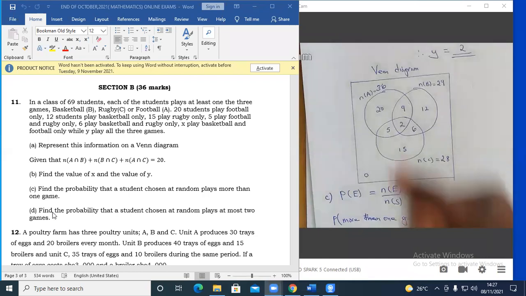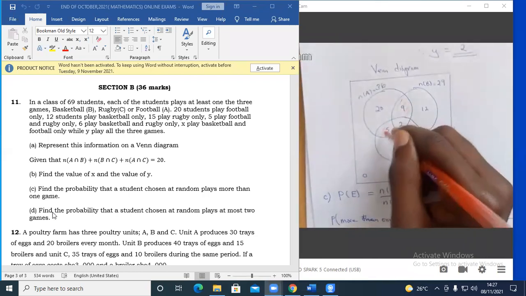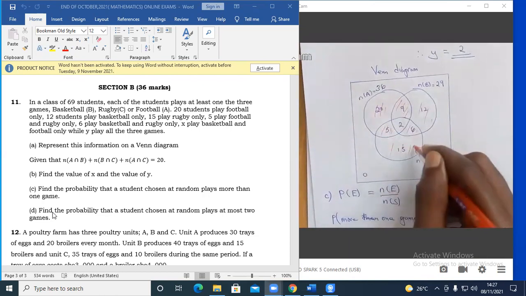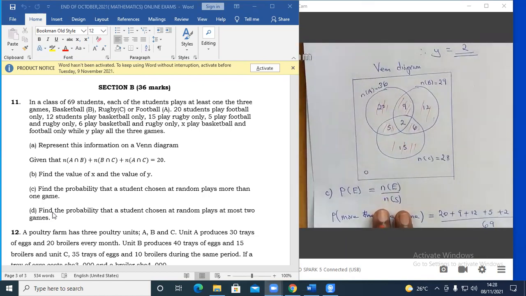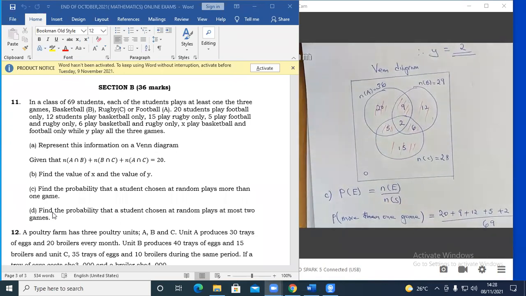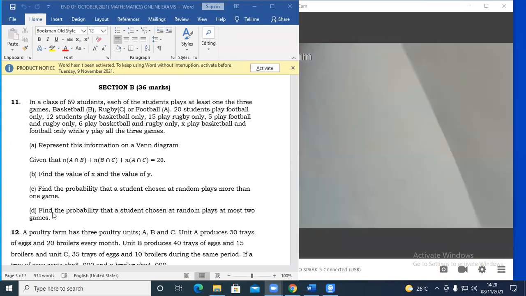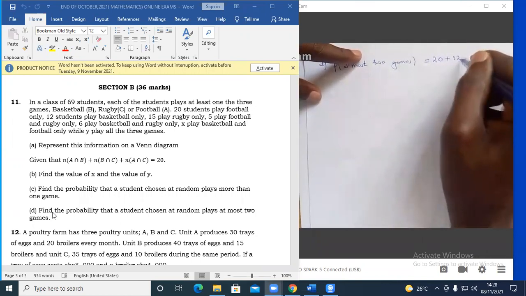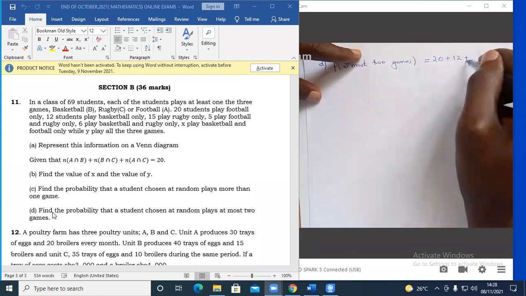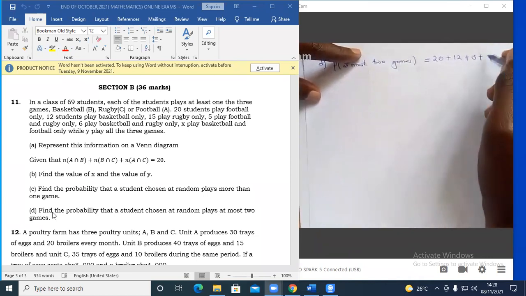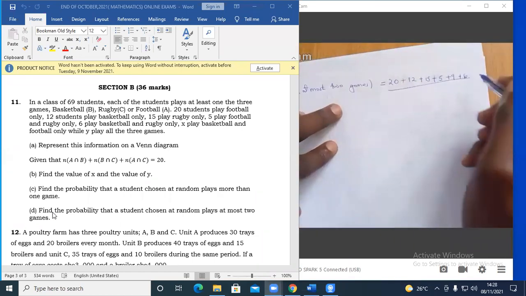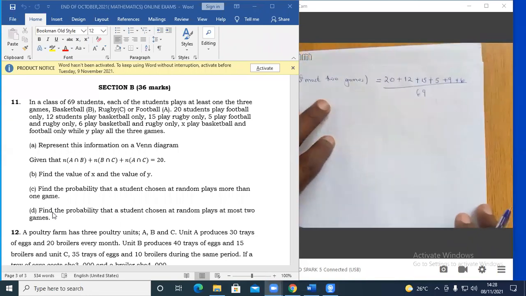So which one are we going to add? We are adding this section here, where you are seeing my red pen. So we shall have 20 plus 12 plus 15 plus 5 plus 9 plus 6 plus 6, everything divided by 69.